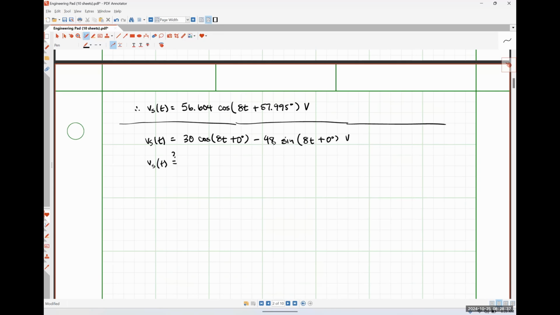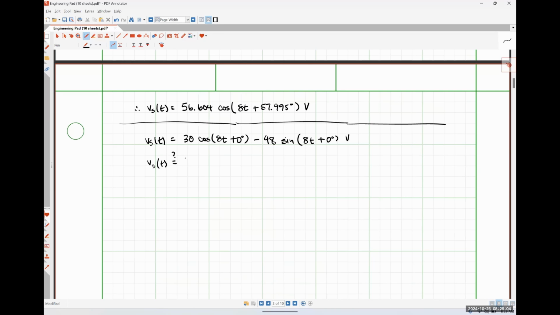My signal 30 cosine(8t plus 0 degrees) has a magnitude, an angular frequency, and a phase angle. A complex number in exponential form has a magnitude, an angular frequency, and a phase angle.